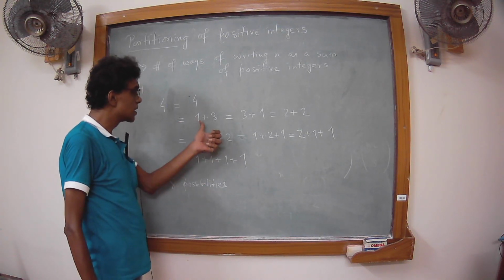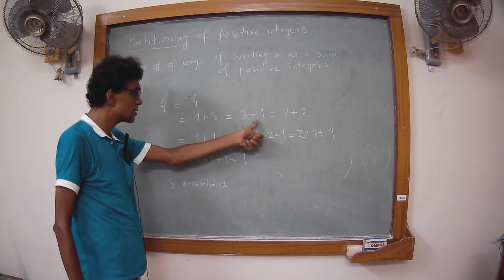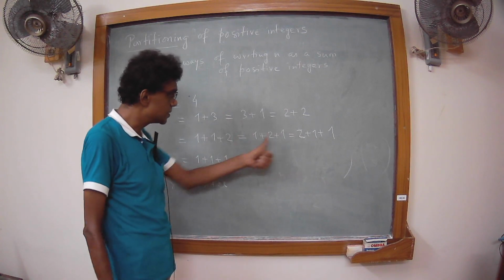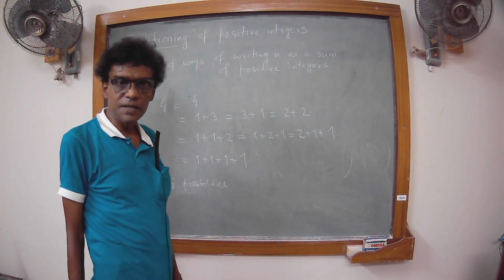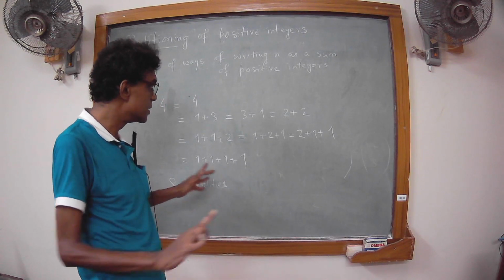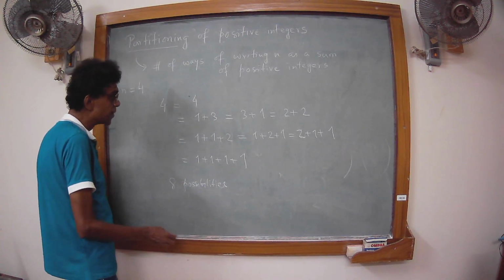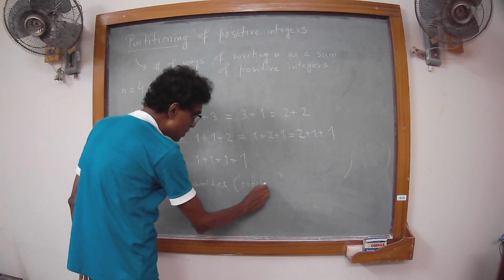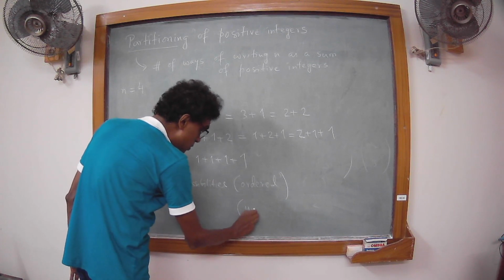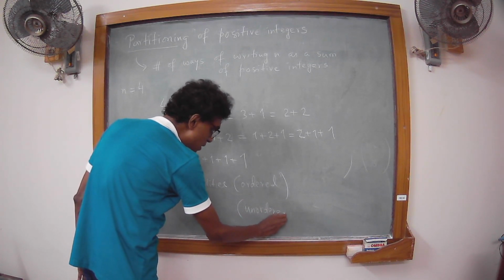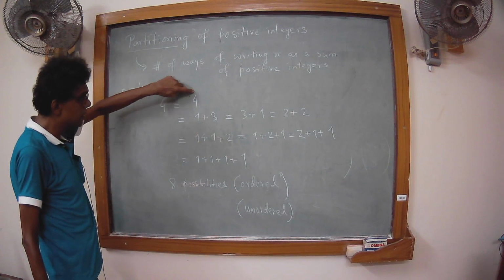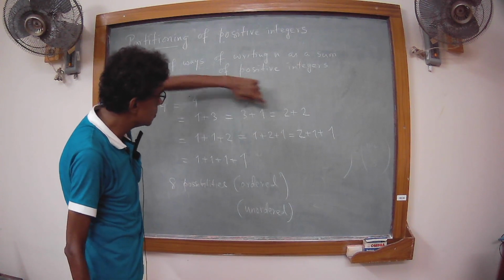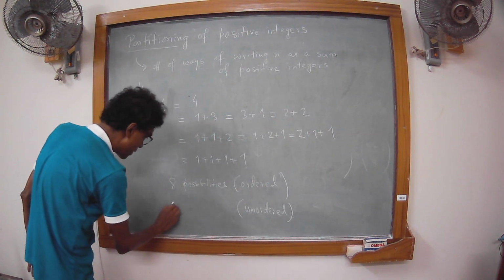And if you do not consider these as different, then we are talking about unordered sums, because they are all essentially the same up to permutation of the summands. So ordered, this is 8 possibilities. And if I talk about unordered, this is 1, this is 2, this is 3, these are the same, so 1, 2, 3, 4 and 5.